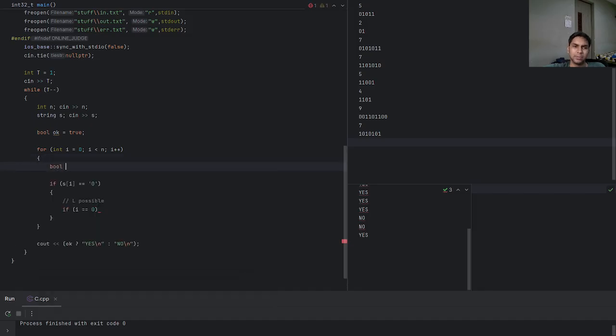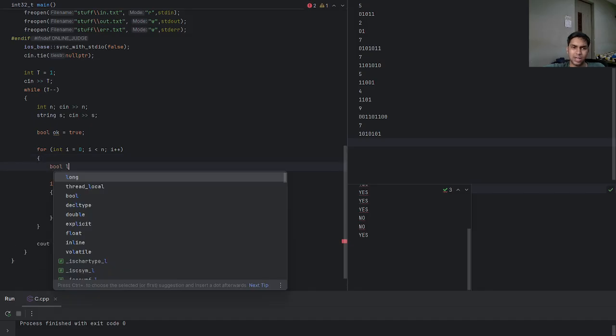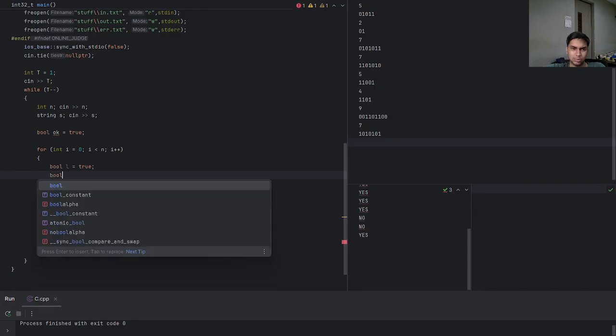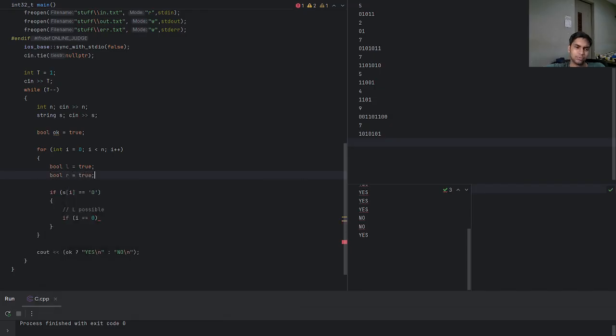should I say something on this? L to R to, I guess you could. Let's see what happens here. So if I is zero, then L is possible.